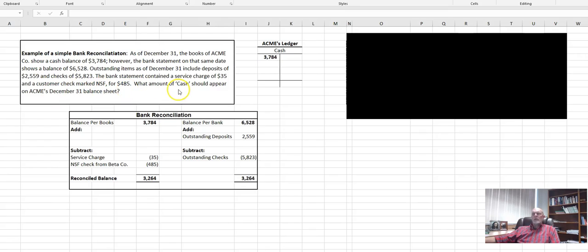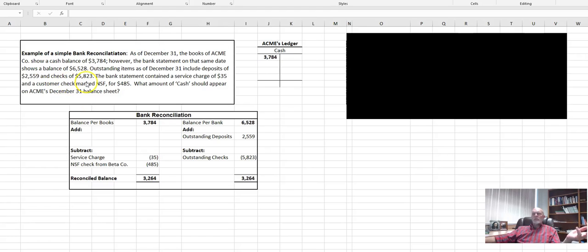So what amount of cash should appear on the balance sheet? These outstanding deposits of $2,559 represent amounts that we deposited maybe into the night deposit box, but we didn't get them in there in time to get onto the bank statement. So they would be outstanding as far as the bank statement goes.